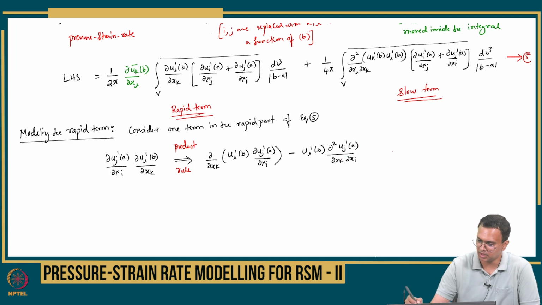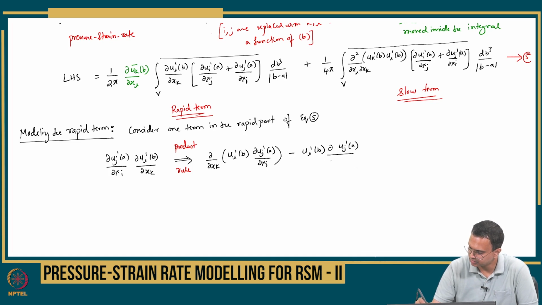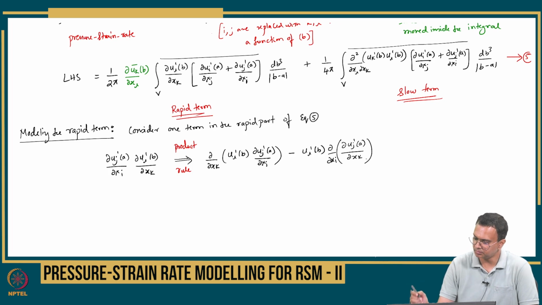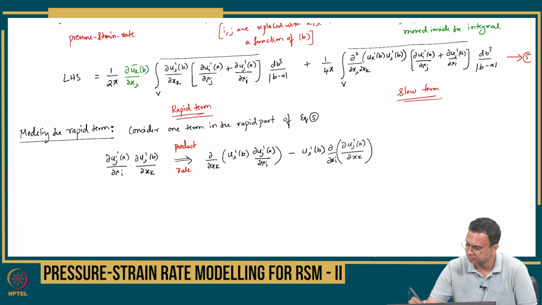So this particular term goes away, or I can rewrite this as dou by dou xi of dou uj prime of A by dou xk. So this term will be 0.